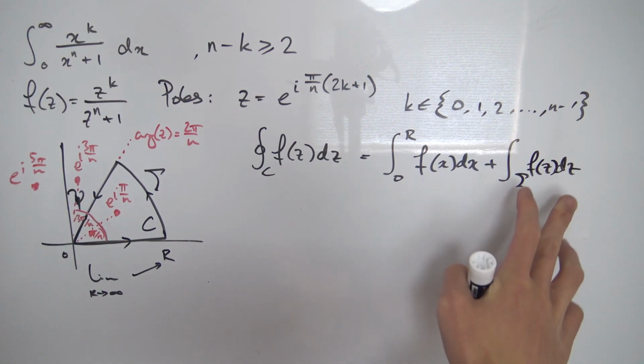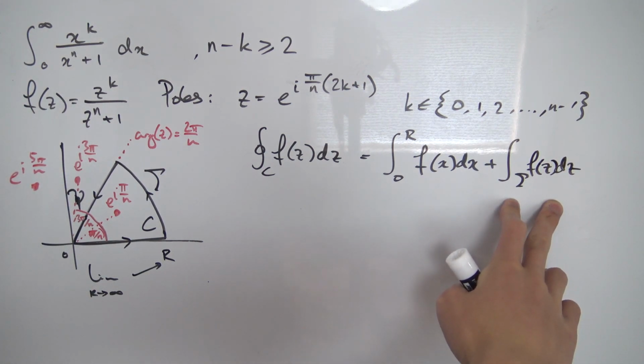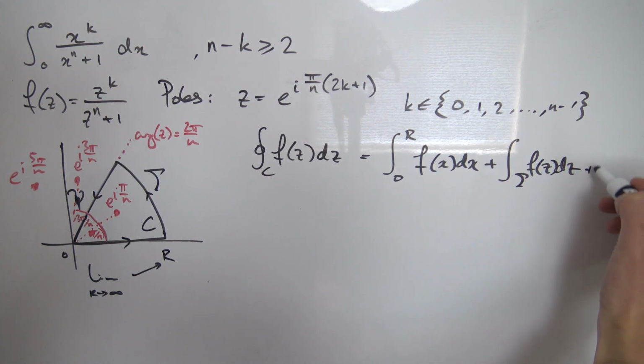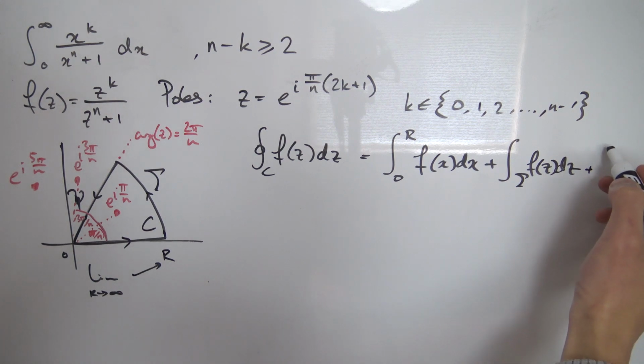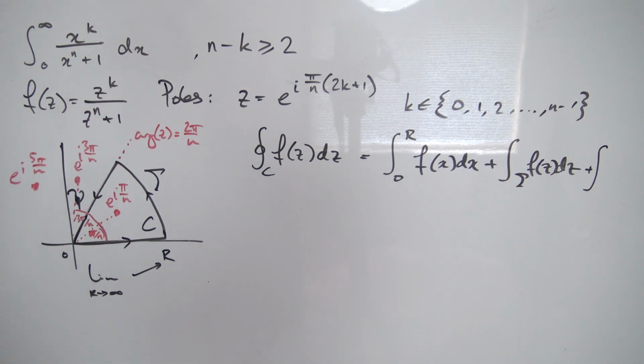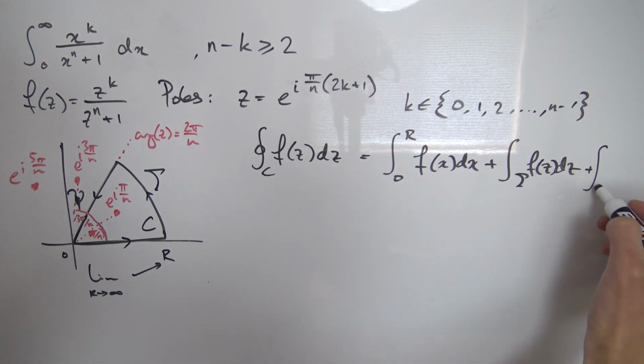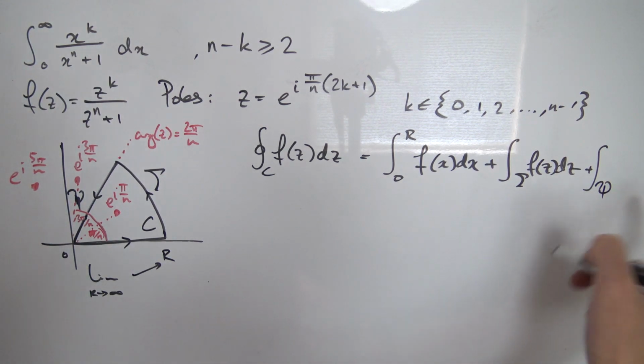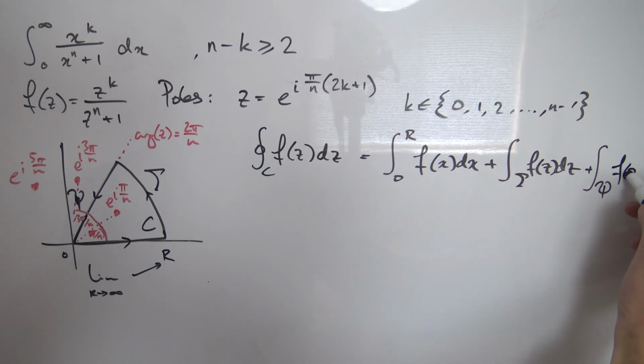In fact, when you take the limit as r approaches infinity, this integral is going to vanish to 0. I'm not going to prove that in this video, but it's not too hard to do, especially if you've watched my other complex analysis videos. And finally, we have the integral over psi, that's a beautiful psi, of f of z dz.